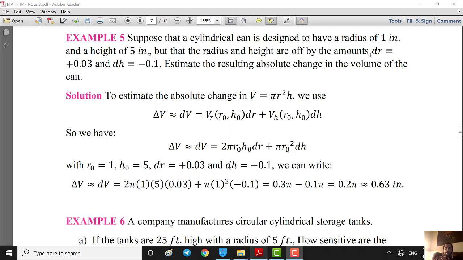Then estimate the resulting absolute change in the volume of the can. This word absolute, what does it mean? It means that if the resulting change has a negative value, consider its absolute value. Okay.